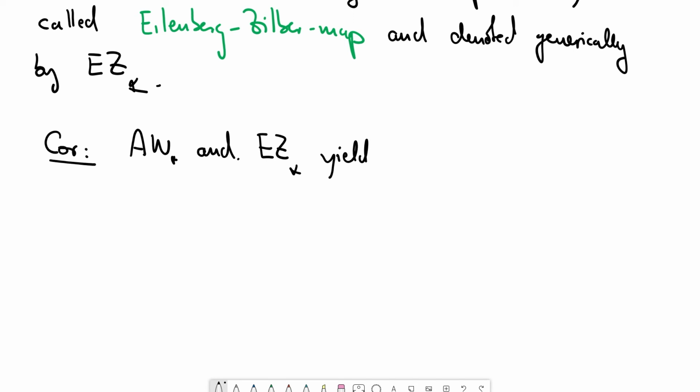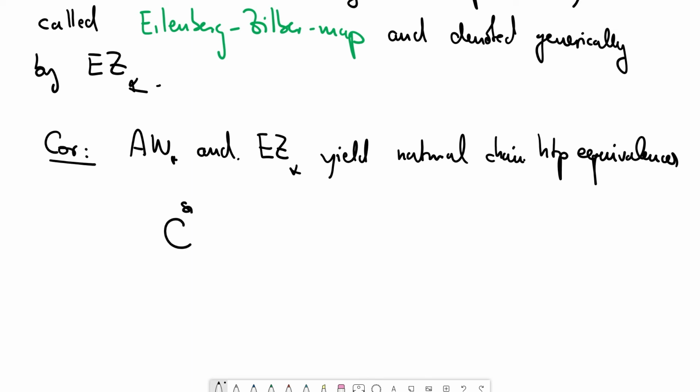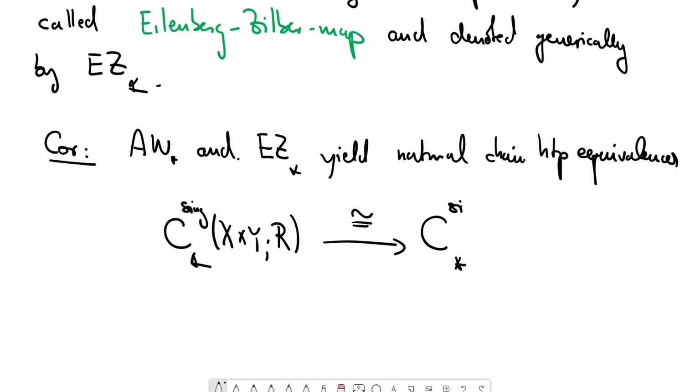So these give us natural chain homotopy equivalences between the singular chain complex of a product and the tensor product of the singular chain complexes.